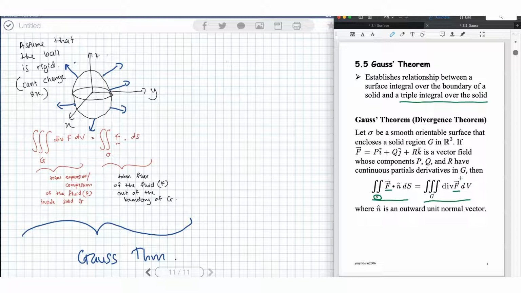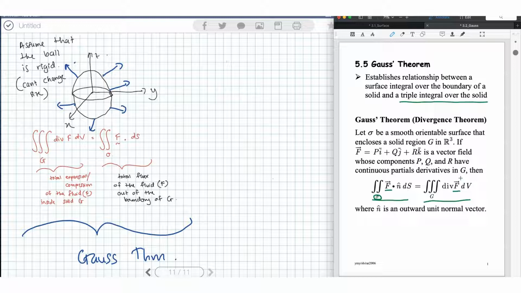So, about diverge or converge. If you remember, we have a sink point and a source point. Last time, when we evaluate the divergence of the vector field, it can be positive, negative, or zero.